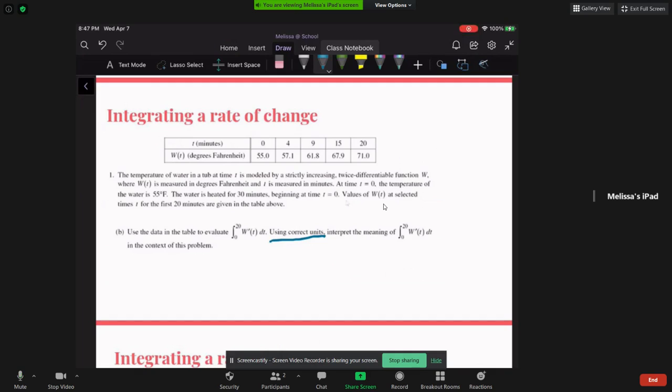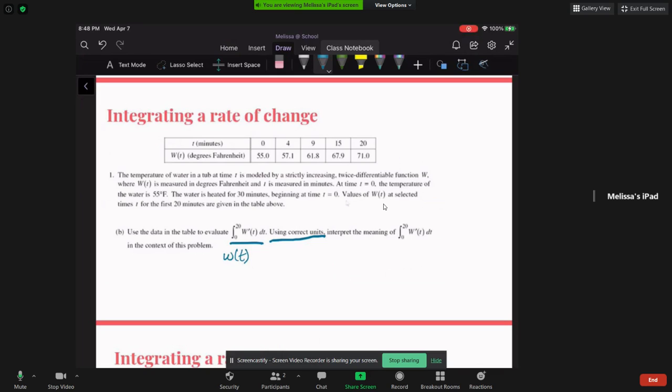Once again, we are given the integral from 0 to 20 of W prime of t dt. The fundamental theorem says that if we take the antiderivative of W prime of t, we just end up with W of t, which is what we are given in the table.